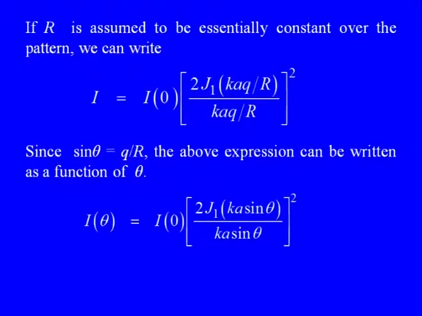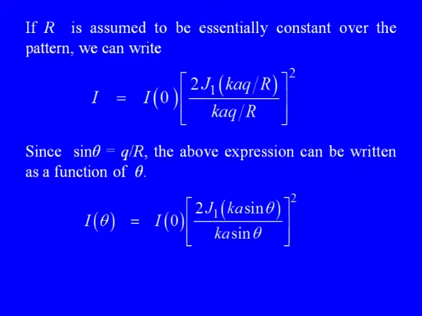Now, sin theta, remember that, is Q over R. So we can also write it in terms of sin theta. The above expression can be written as a function of theta: I is equal to I0 times the square of twice J1 of kA sin theta upon kA sin theta. If you remember, this expression is very close to what one has in a rectangular single slit.